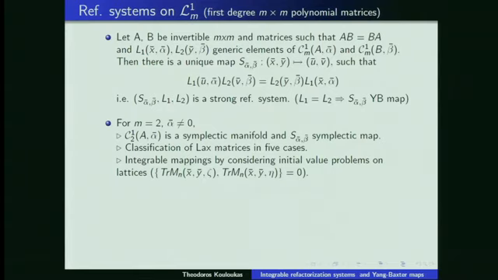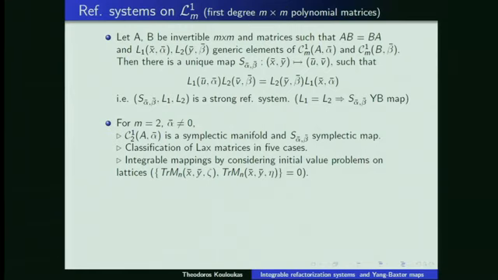We have also, in this case, classified the Lax matrices in 5 cases by Jordan normal forms. And also we have studied some initial value problems on the lattice, like the staircase case that I presented, in order to examine if these maps, the transfer maps, are integrable.